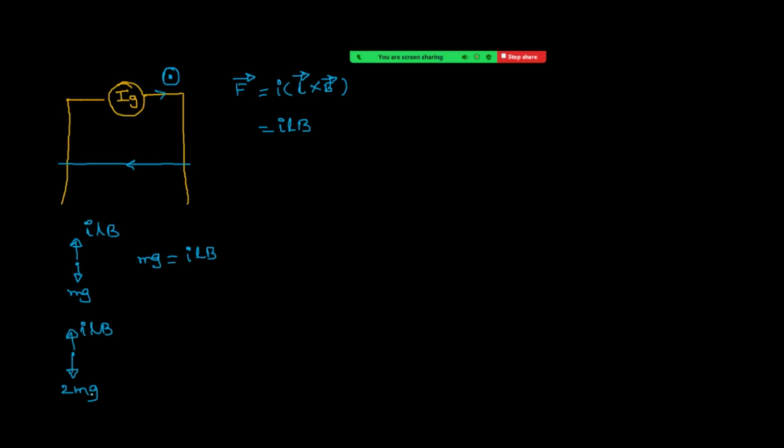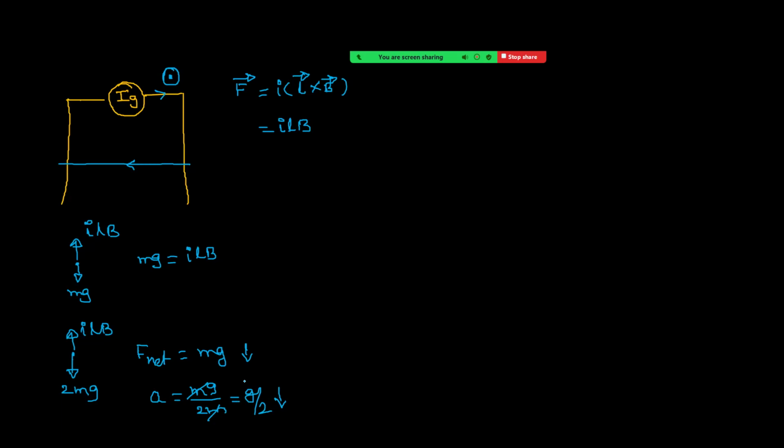So net value how much? 2 mg minus ILB, that means F net equals mg, because mg equals ILB. So net force is 2 mg minus mg, downwards. And what is the acceleration? Net force upon mass. Mass is now 2m, not m. That means acceleration is g by 2 downwards, right?